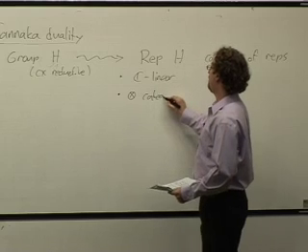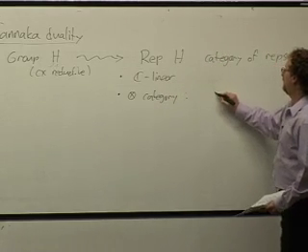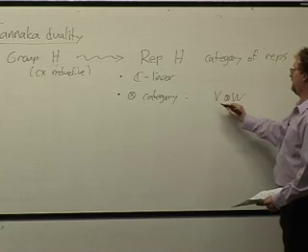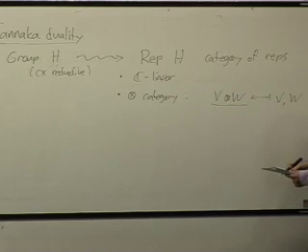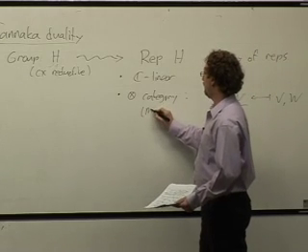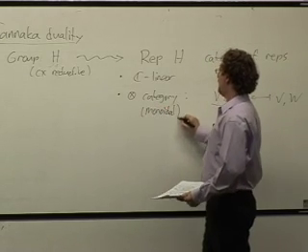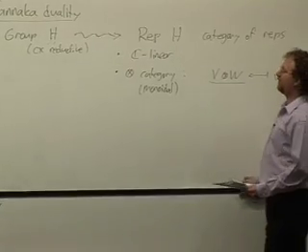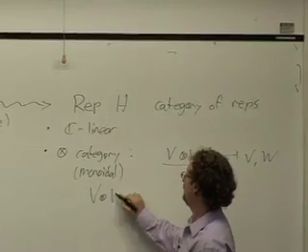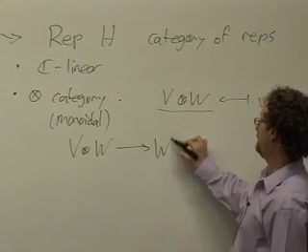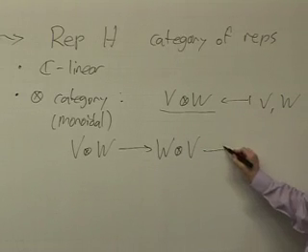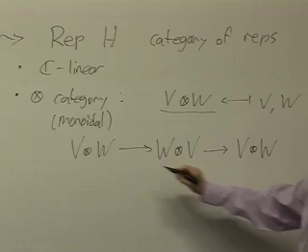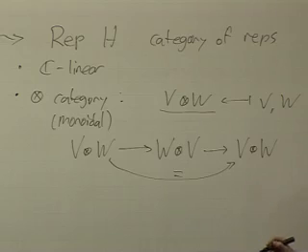If I have two representations, V and W, I have a well-defined tensor product of V and W. This is a new representation, so this means it's monoidal, an associative multiplication with various additional properties, because for representations of a group there's a canonical isomorphism from V tensor W to W tensor V, which switches the factors, and if you do the switching twice, you get back to the identity. These are all properties that we know for representations of groups.